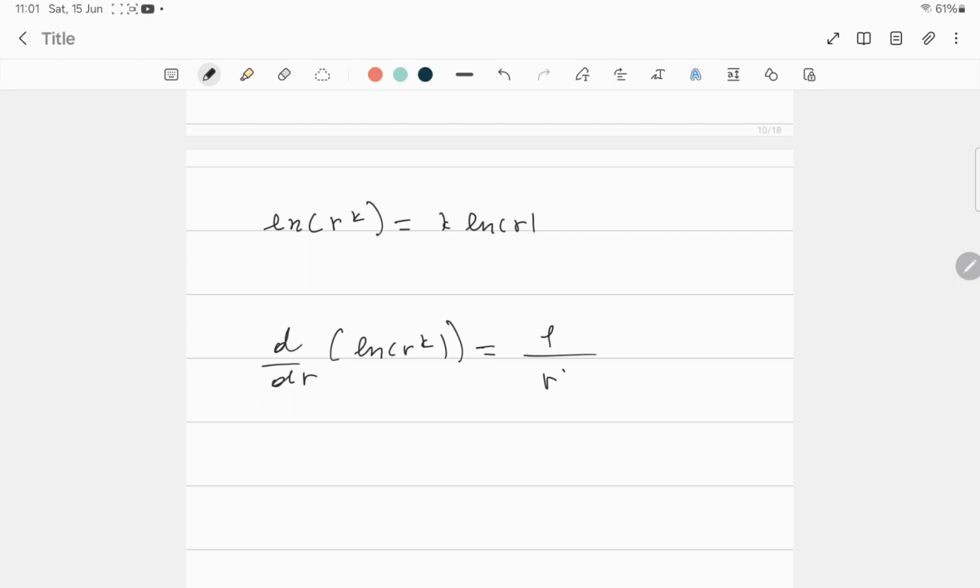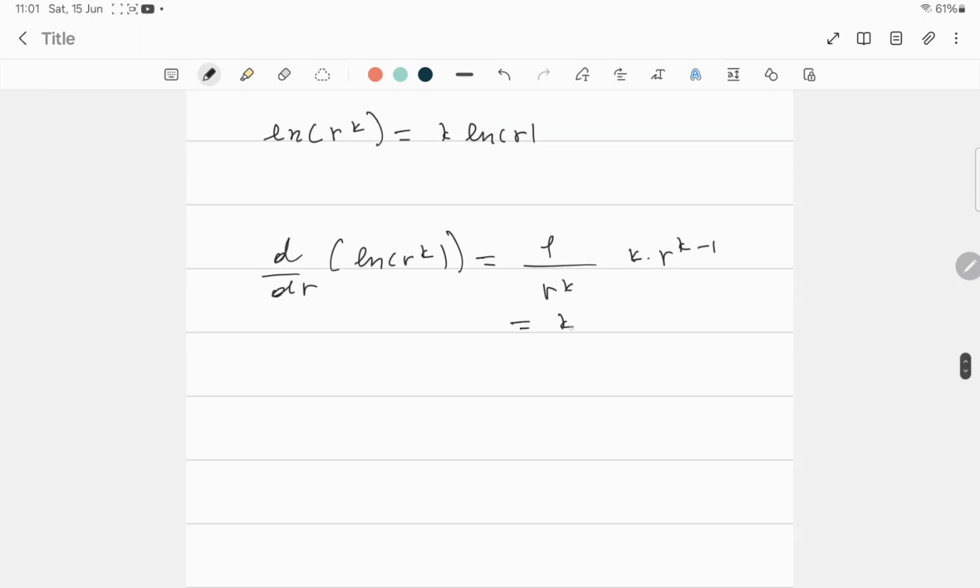This is basic differentiation techniques. And here is k times r to the power of k minus 1. k is just a constant. So in the numerator, k times r to the power of k minus 1 over r to the power of k. I get k over r.